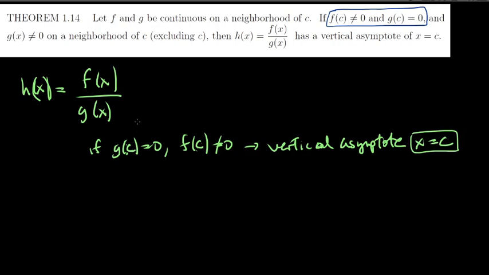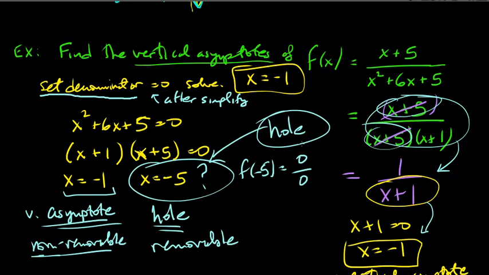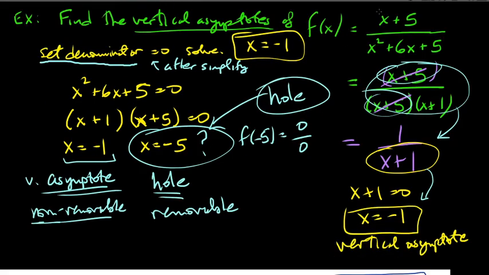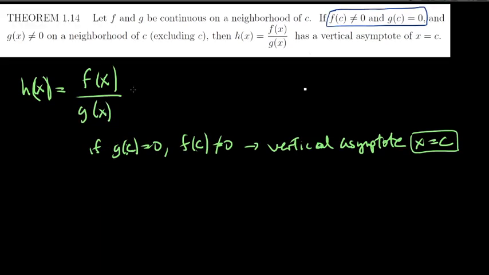Okay, so this just makes official what you did in pre-calc. If the denominator is 0 but not the numerator, then you have a vertical asymptote.